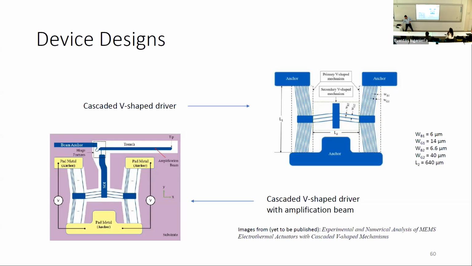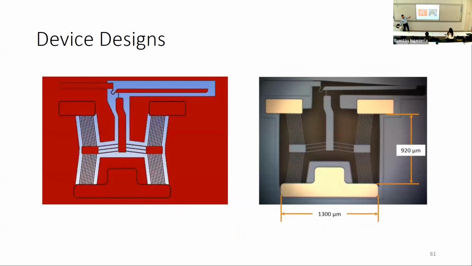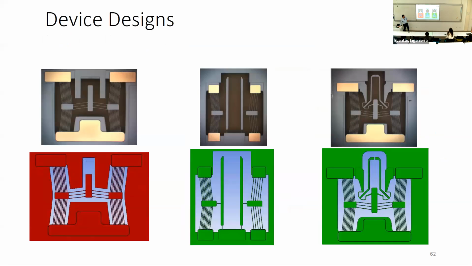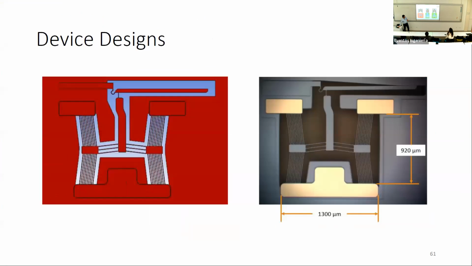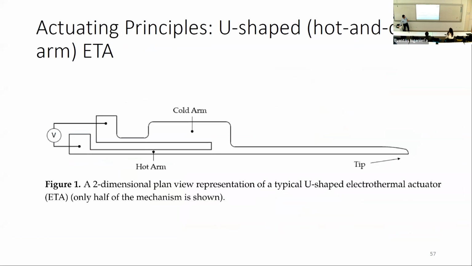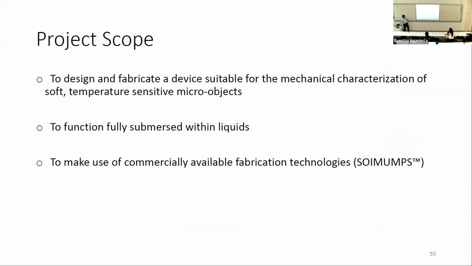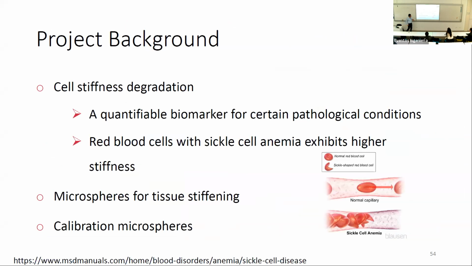We investigated quite a few gripper designs there. The idea of the gripper is to characterize, for example, cells or microspheres, which are used for tissue stiffening. There are some conditions, for example malaria.